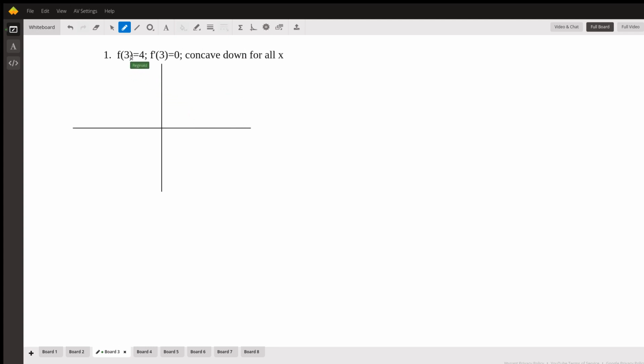So 3 is x, 4 is y. So this value is going to be 3, and I'll make this a 4. Right, so I'm going to put a coordinate point right here at 3 comma 4.